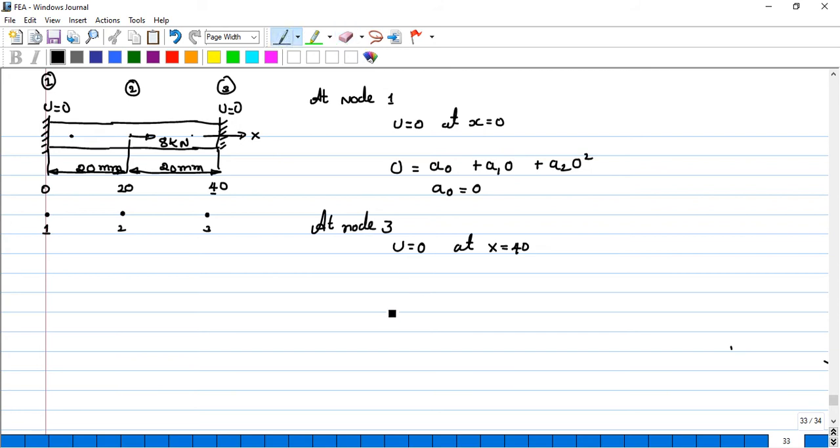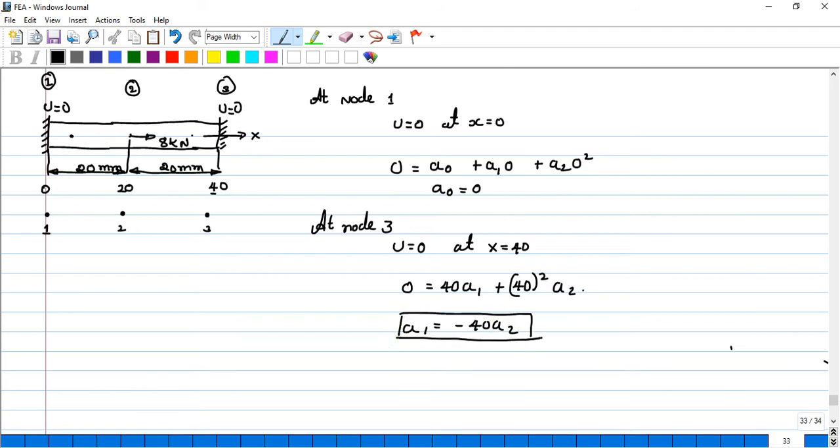So at u equal to 0, that is 0, equals 40 a1 plus 40 square a2. Now I can rewrite this as a1 is equal to minus 40 a2. So we need this relation.